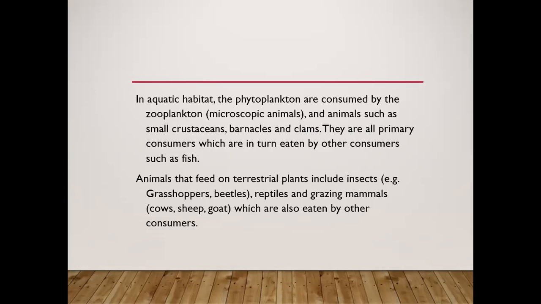So the animals that now feed on these plants are grasshoppers, beetles, and there are more. I've told you rabbits too can be eaten. They feed directly on the plants. The plants are primary producers. These grasshoppers will serve as primary consumers.